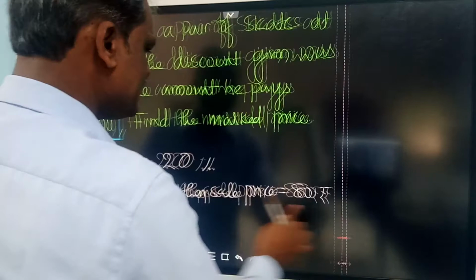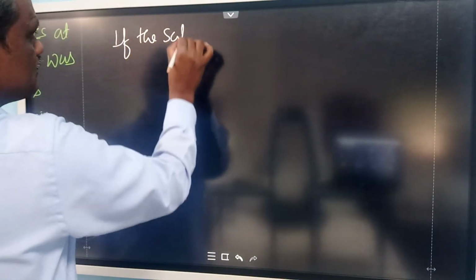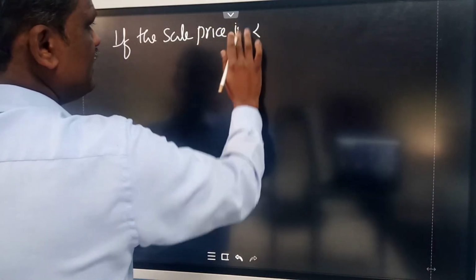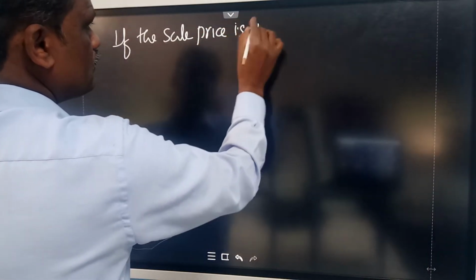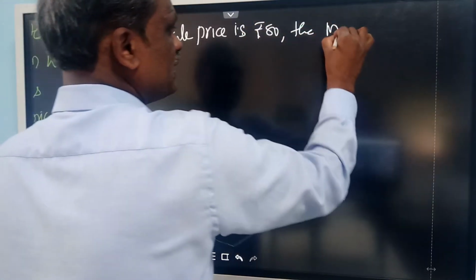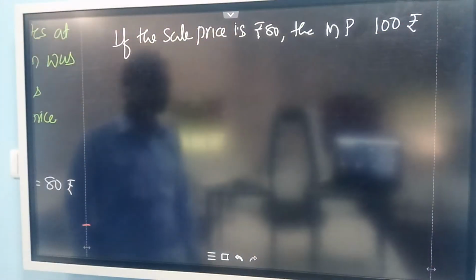If the sale price is rupees 80, then the market price must be 100 rupees because 20% discount is there.